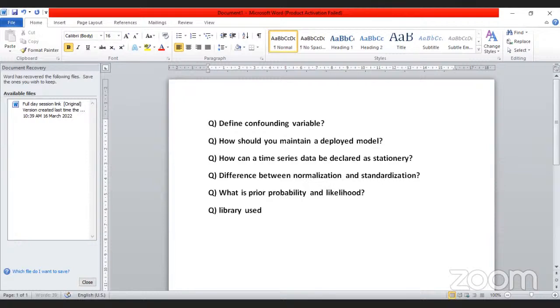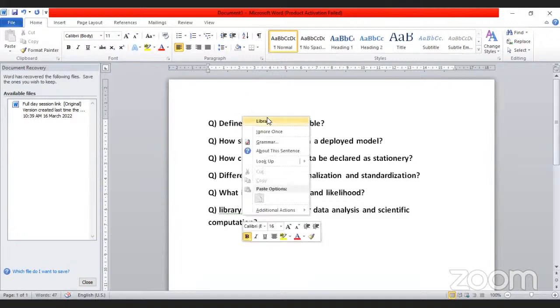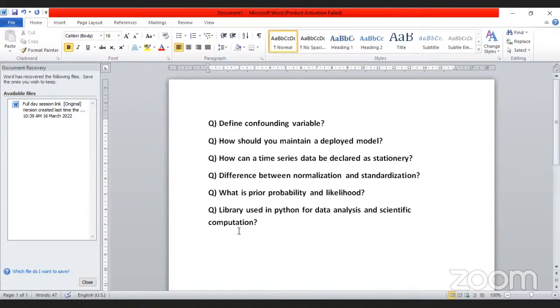Tell the name of those libraries. Which library are we using for data analysis?